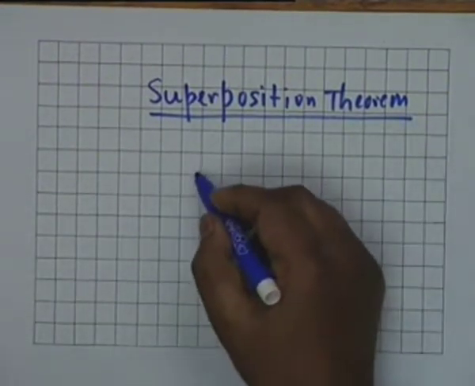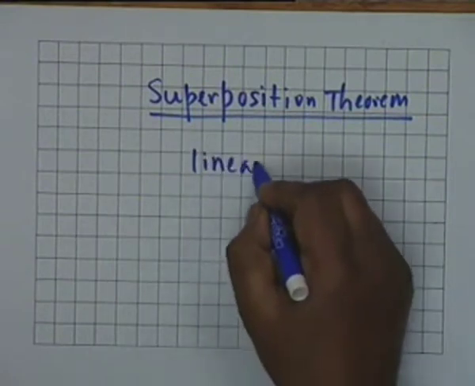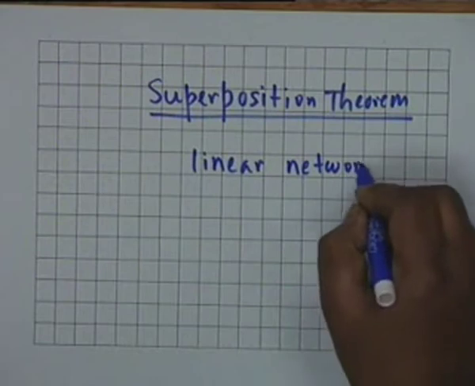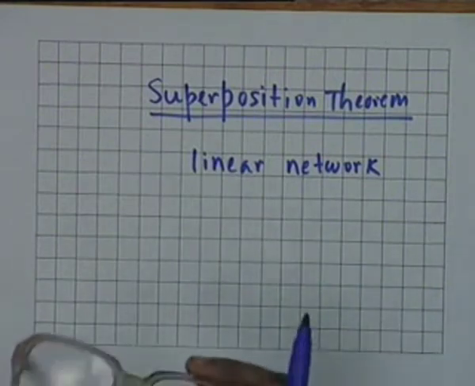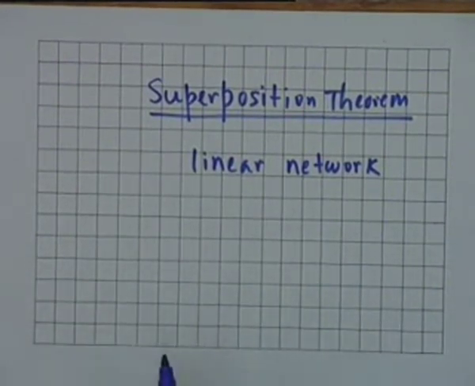It states that in a linear network, the current or voltage in any branch, any resistance, is the superposition of the corresponding quantities, that is currents and voltages, due to individual sources, each acting independently with other sources replaced by their internal resistances.